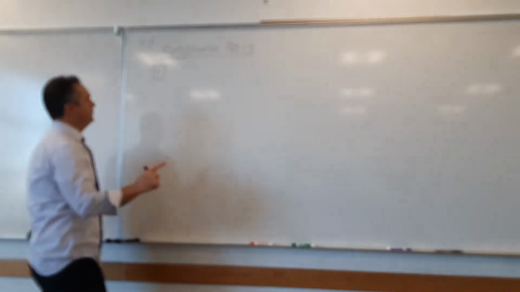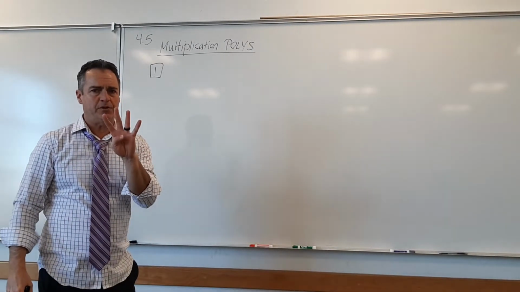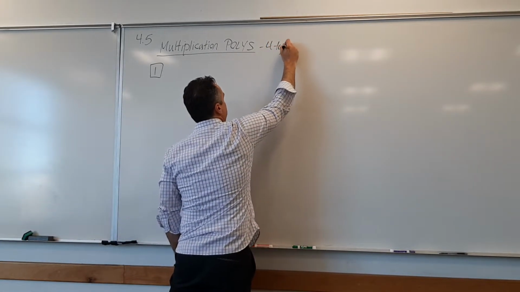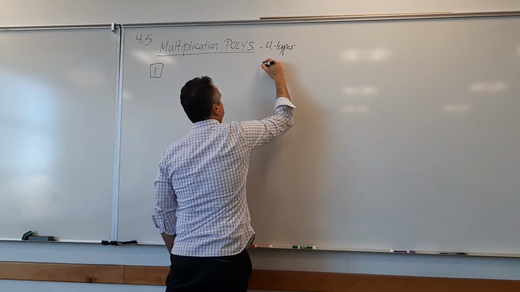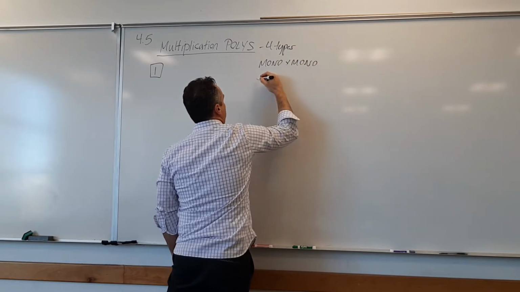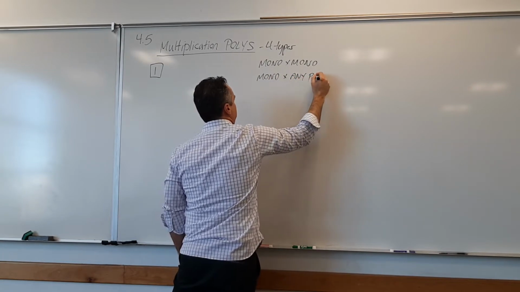First thing we got to understand is multiplication of polynomials comes in four types, okay? And what we're going to write here is that the four types are what we call mono times mono, mono times any poly.